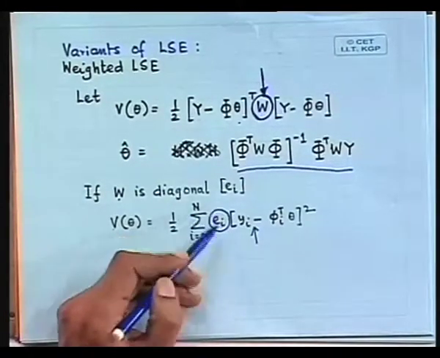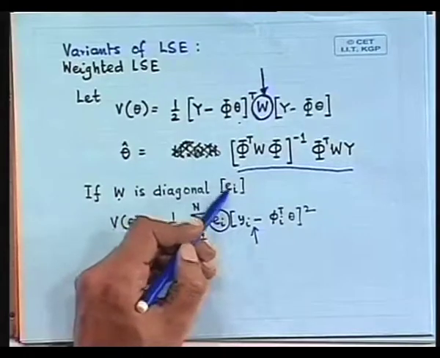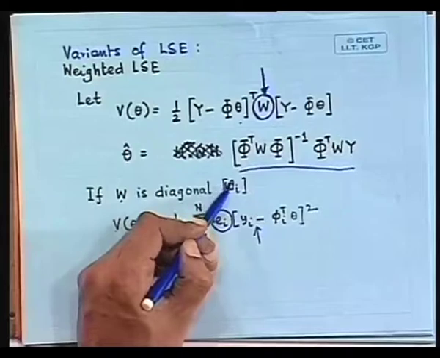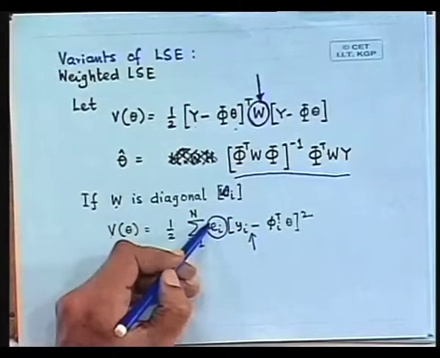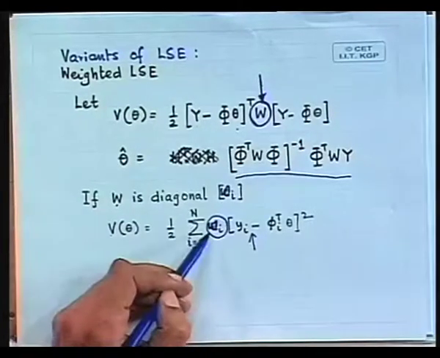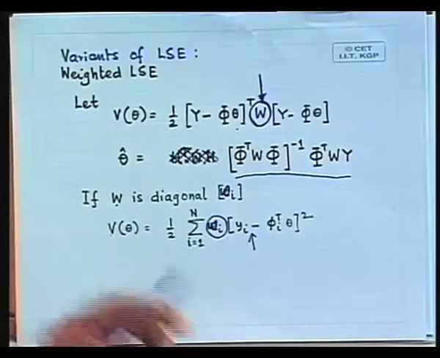Actually, this e i is a confusing notation. We should put w i here, to say that these are the diagonal matrix elements. So then you have weighted the errors at the various instants.